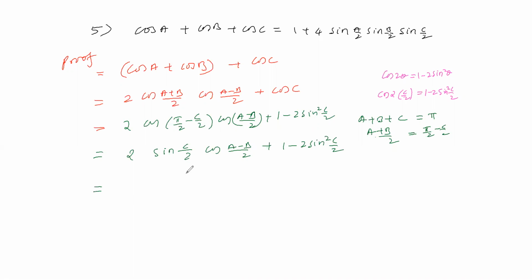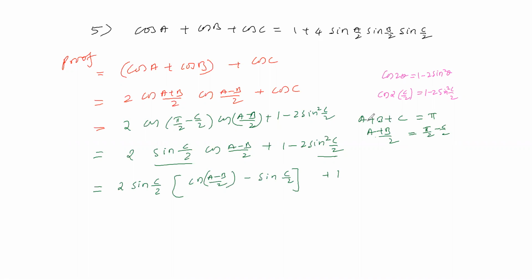Now we can take 2 sin(C/2) common. Here cos((A-B)/2) is there, minus sin(C/2) is there, and the plus 1 term is there.